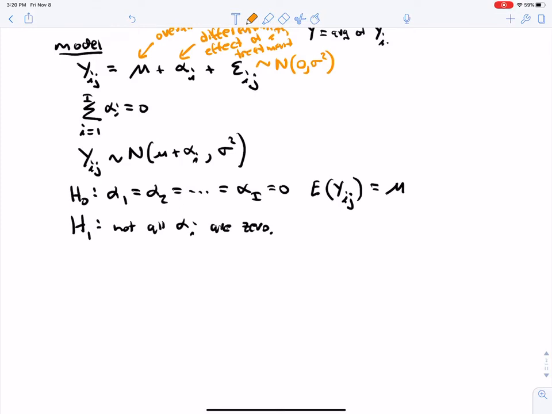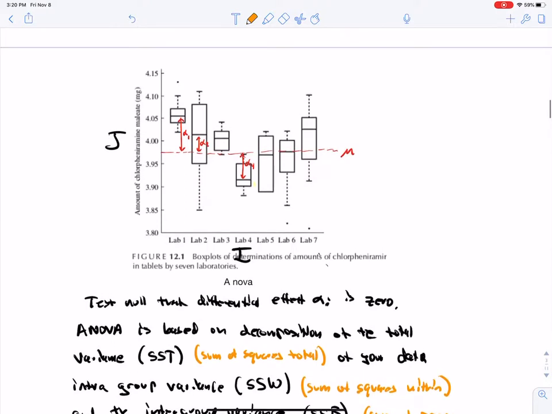Our null hypothesis is that all the differential effects are 0. And the alternative is that not all of the differential effects are 0. So here's a picture where I sort of transposed the axes. I have my treatment groups on the horizontal axis.